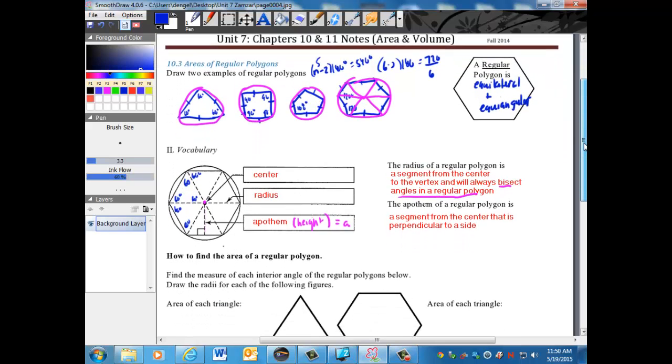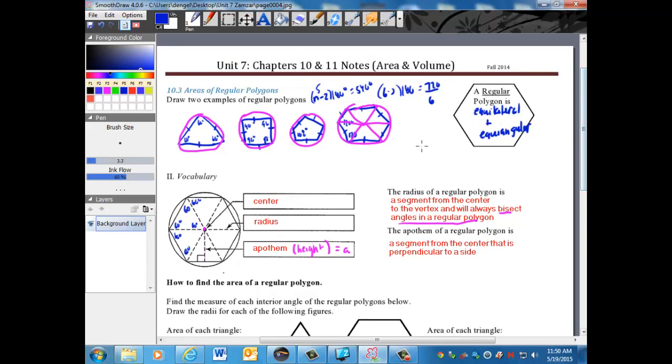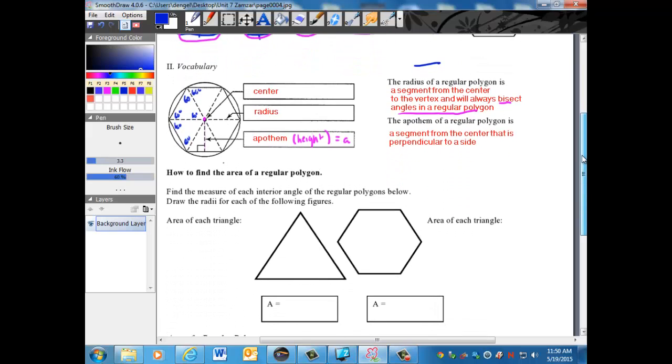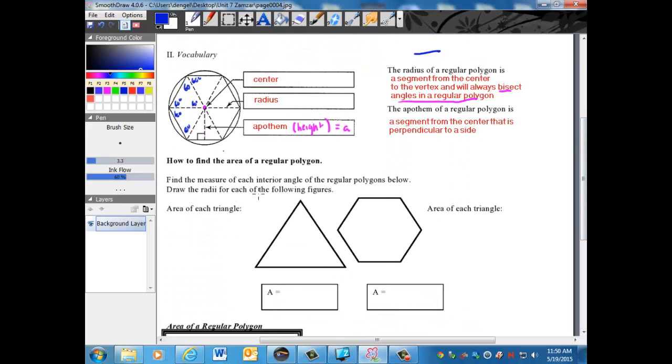If we were to draw in our own hexagon, and actually let's go down here. Before I give you the formula, let's try and figure out why it works. So if we were to draw in our diagonals, we would have one diagonal that would go here, second diagonal goes here, and then our third diagonal goes all the way across.